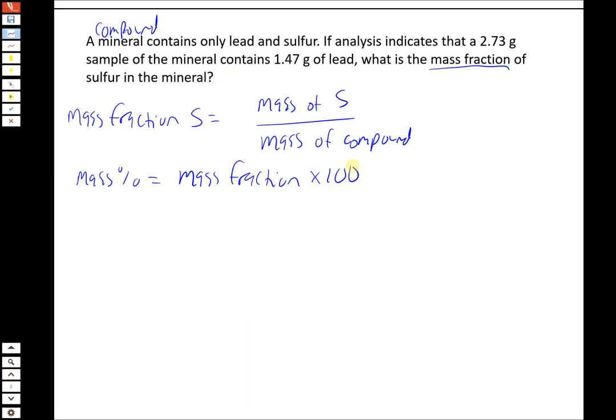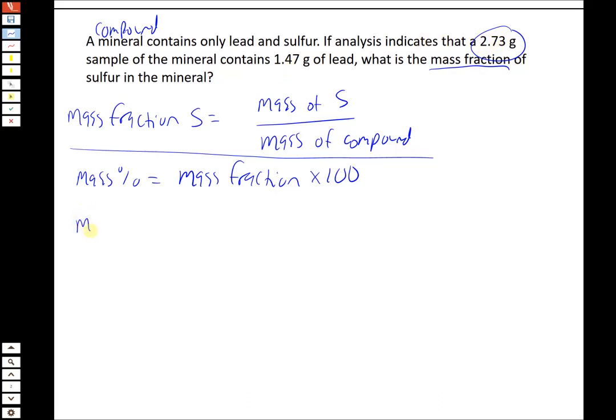Okay, but this is what we're looking for, this top relationship here. So we need both of these numbers. Now the mass of compound is given, that's 2.73 grams, that's how much of the mineral or the compound we have. But we don't have directly the mass of sulfur. But remember from the law of conservation of mass that if your compound contains 2.73 grams, the total mass of the compound is going to equal the mass of the elements that make it up.